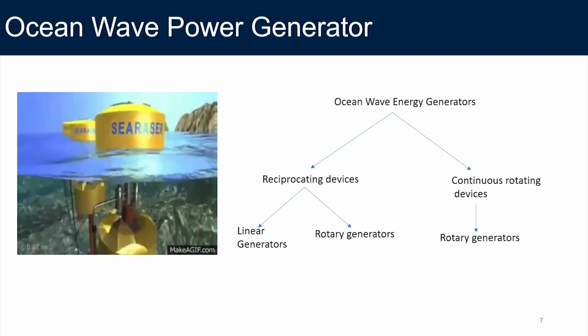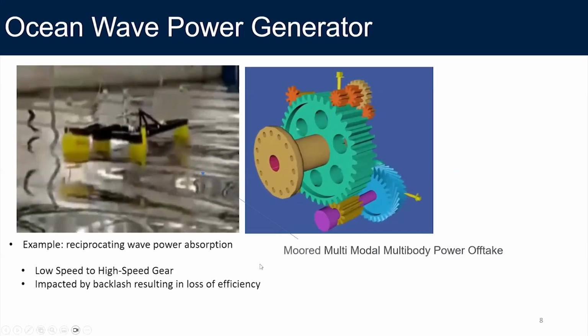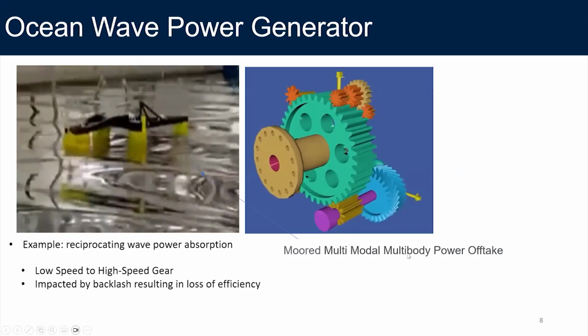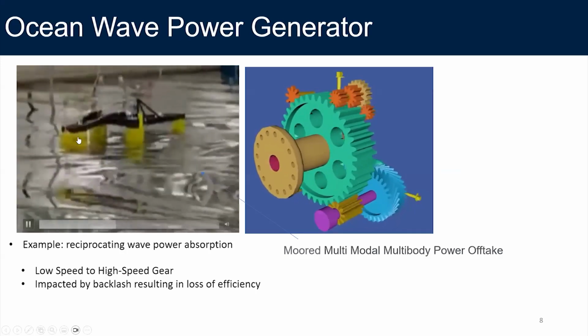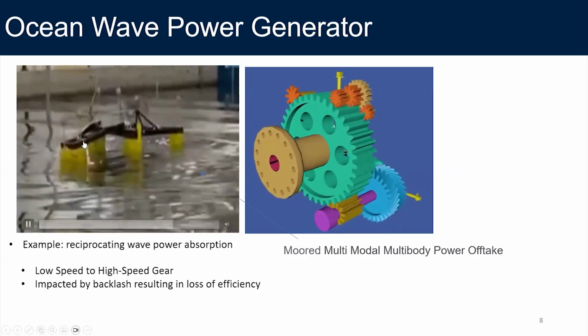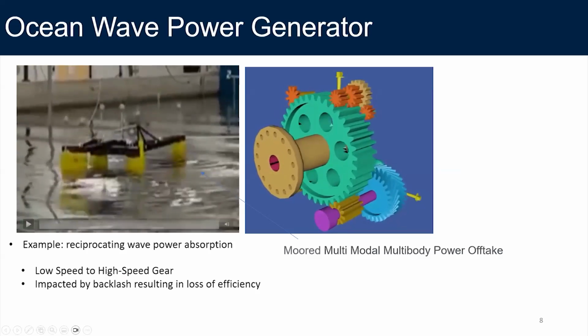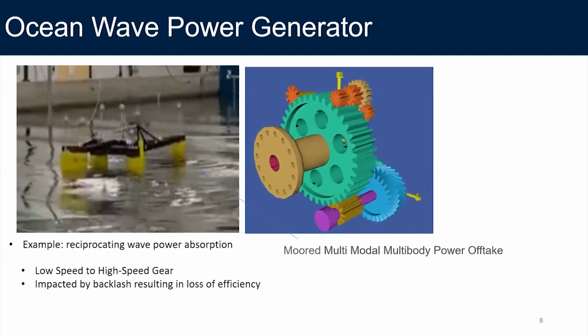One of the projects that we were involved in here in Australia is this one. It's called a moored multimodal multi-body power offtake. This type of structure reciprocates, goes up and down, and the hinges are connected with a geared drive, and the gear basically spins forward and then spins backward.